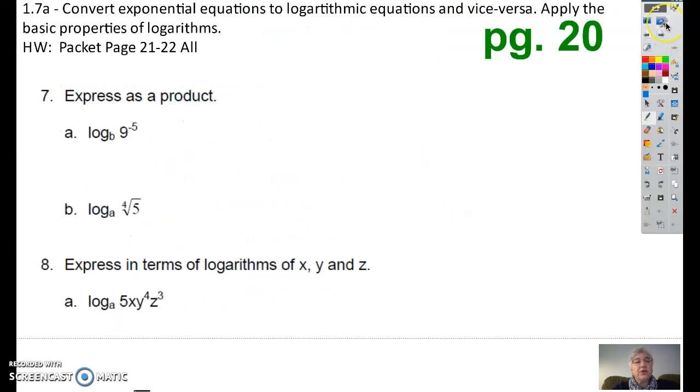On to page 20, if we haven't started that already, express as a product. So this rule tells us that I'm always going to take the exponent and move it to the front as a coefficient. So if I'm expressing it as a product, it becomes -5 log base B of 9.